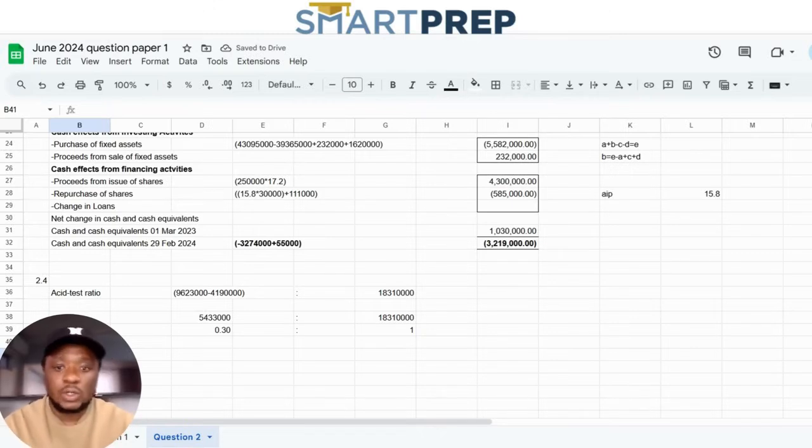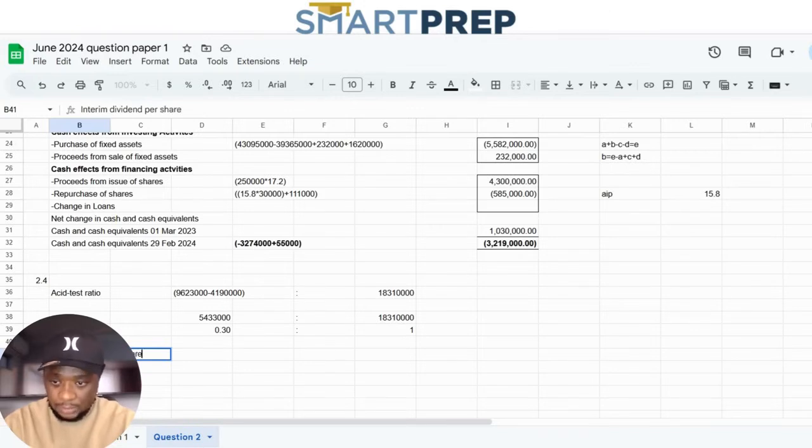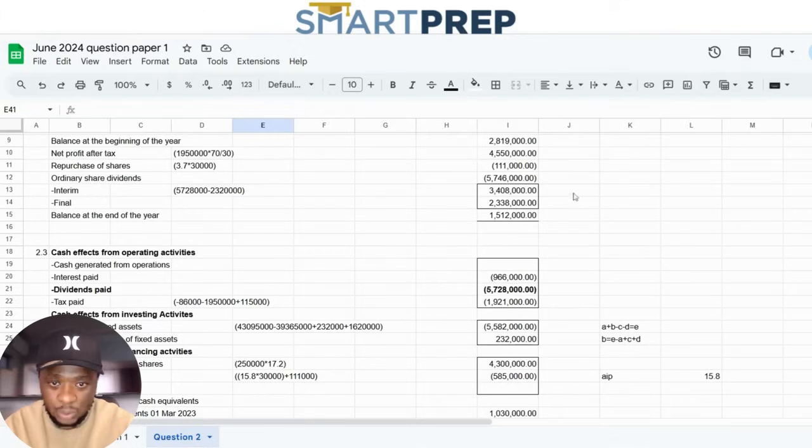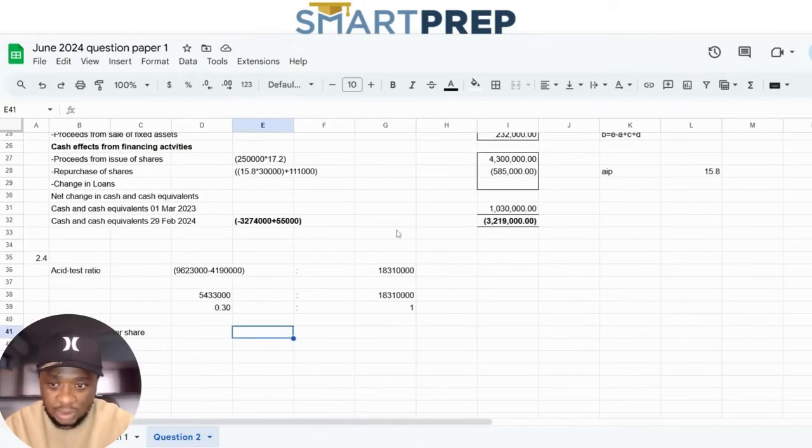Then the next thing that you're going to be looking at is the interim dividends per share. For interim dividend per share, we will take our interim dividend, which we worked out in the previous question, because we had an interim dividend of 3,408,000.